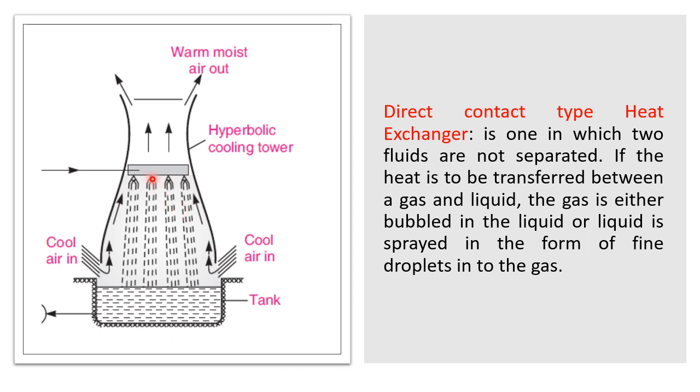So when this hot droplet of water comes in contact with this cooled air, heat is transferred from this hot water to this air, and the water gets cooled. After transferring the heat from the water to the air, this air gets heated up and this warm moist air is taken out at the top.